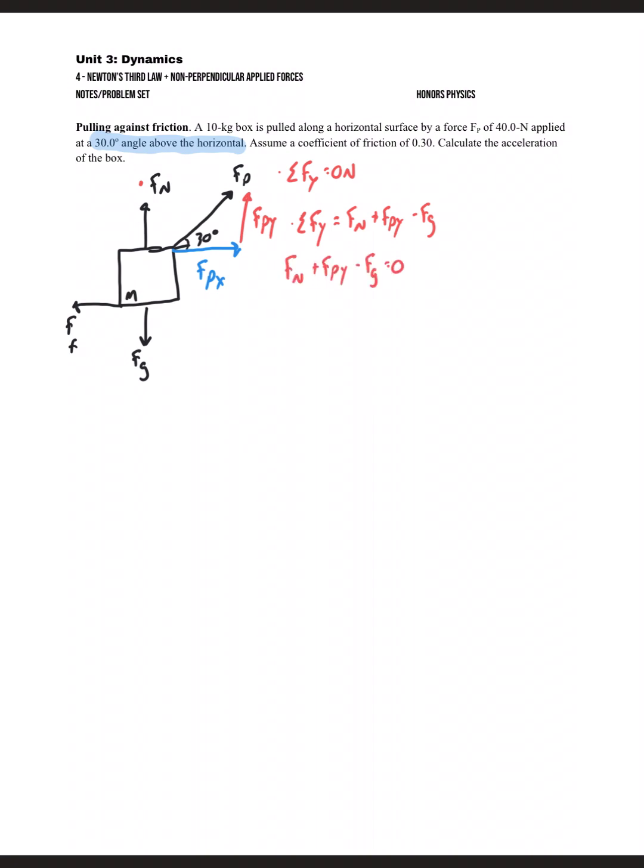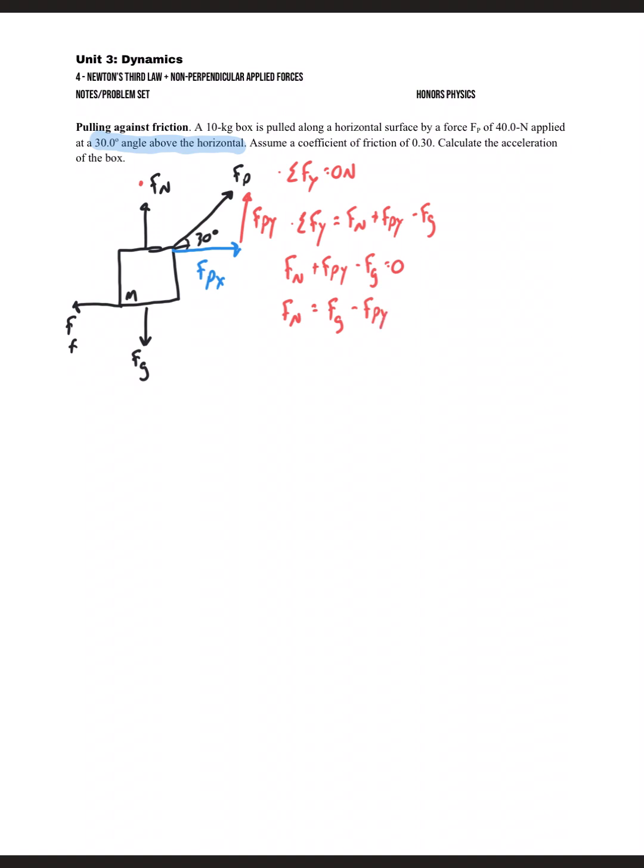And a quick note on the normal force. Previously we've said the normal force is equal to Fg for everything, and that's true for a majority of the time. Well, in this case, take a look at what happens to the normal force here. When I solve for the normal force, it is no longer equal to Fg.